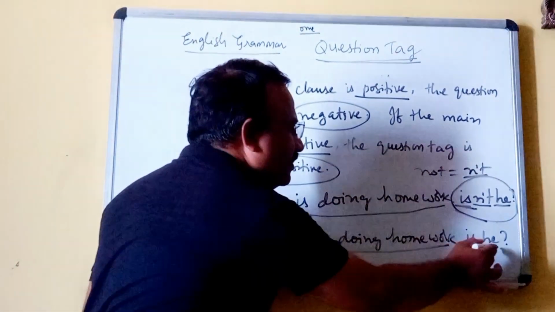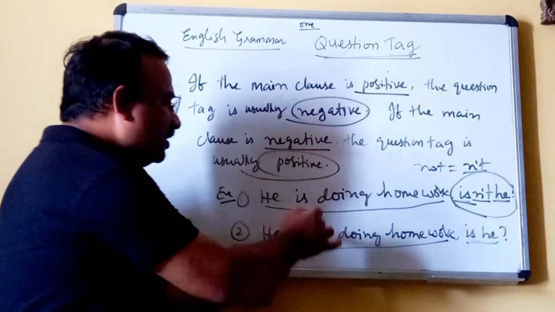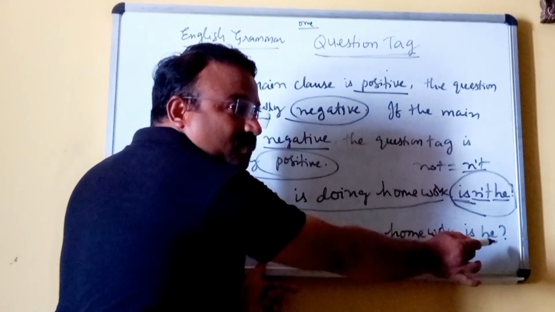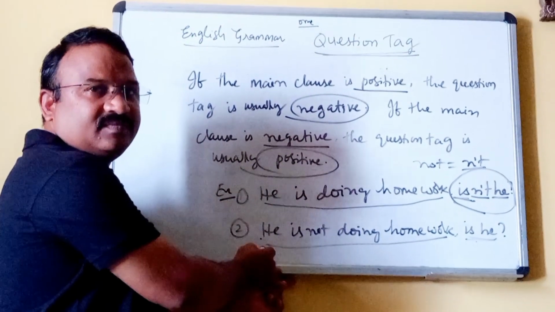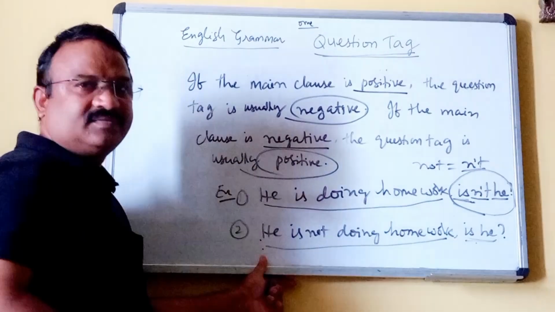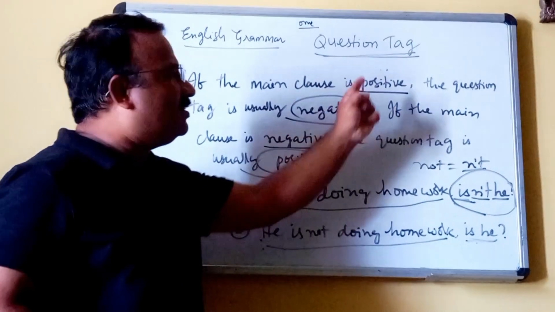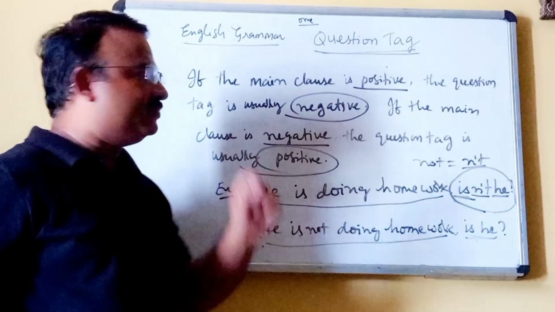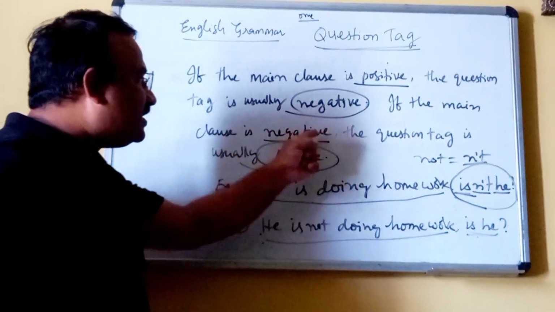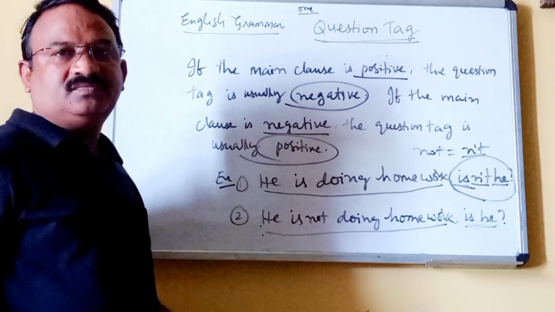This is the question tag. So the question tag must be positive here. Here the statement is negative. Okay, that is the difference. You have to understand. If the main clause is positive, the question tag is usually negative. If the main clause is negative, the question tag is usually positive.